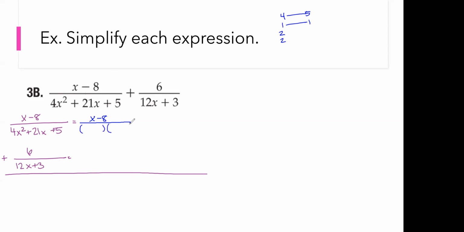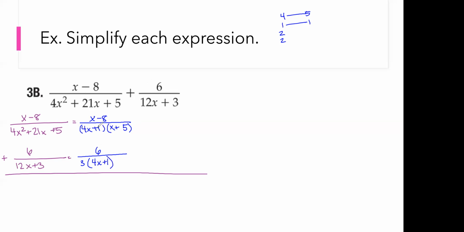So when I factor this, I have 4x times x, and then I'm multiplying the 4 times 5, so that'd be over here, and then this would be a 1 over here. Okay, and then over here, I can factor out a 3, and I'm left with 4x plus 1.